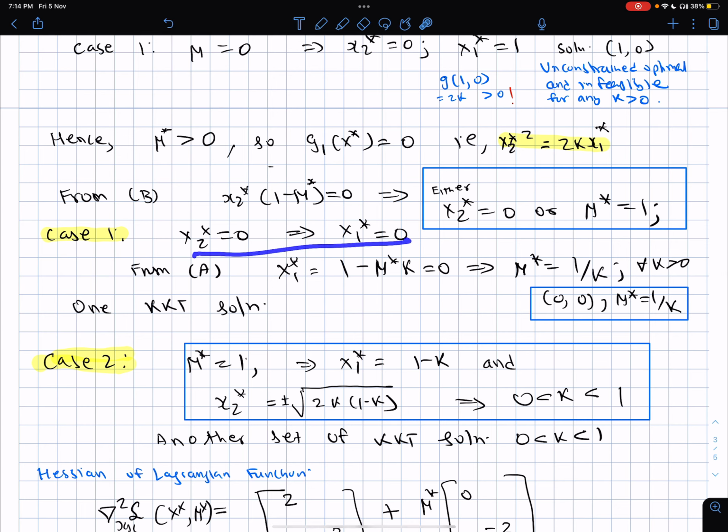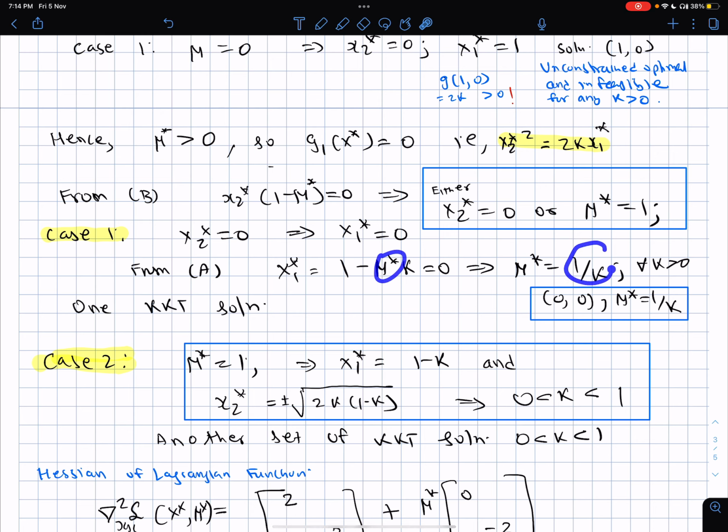So you get this. Now from the first equation we had that x1 star is equal to 1 minus mu star of k. So now because of the fact that x1 star has become 0, what became of mu star?